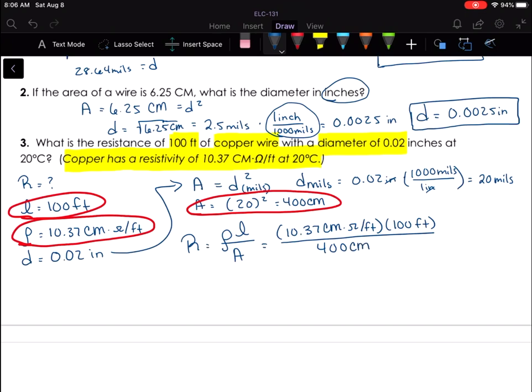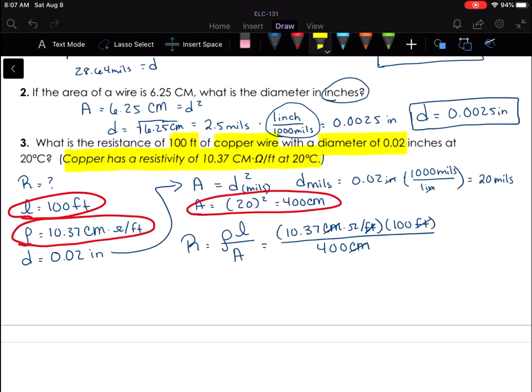Now, another thing we like to do when you're working these equations in engineering, if you can work on canceling out your units and make sure that your answer is in the right units, you'll have a lot more confidence in your actual answer. So let's point out here that we have circular mils on the top, circular mils on the bottom. We have feet on the top, and then this is divided by feet, so that's actually going to cancel that out.